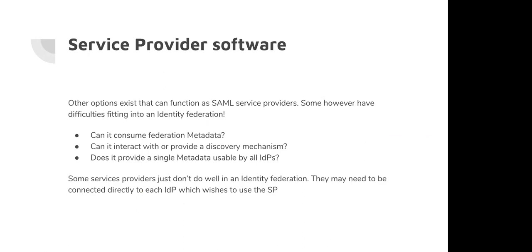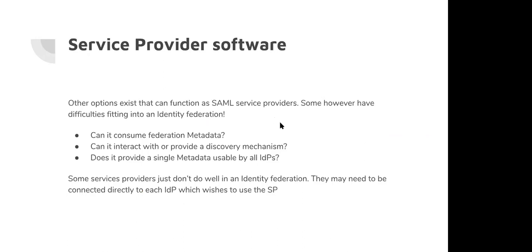In some cases, service providers just don't work well in an identity federation, and they may need to be connected directly to each IDP which wishes to use that particular service. We've seen that a lot in Australia in the AAF, with a lot of identity providers connecting services bilaterally or directly to their IDP because they don't really fit within the federation model that well.